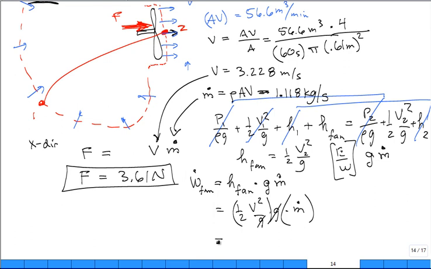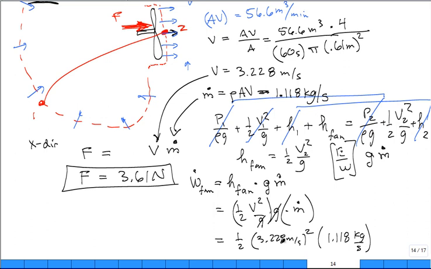All right, 1/2 the velocity, 3.228 meters per second, squared, times the mass flow rate, 1.118 kilograms per second. Look at our units. A newton is a kilogram meter per second squared. That'll give us a newton per second.